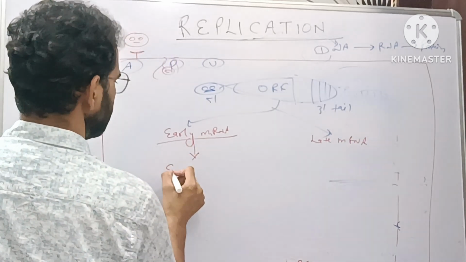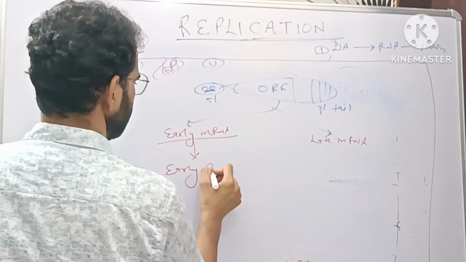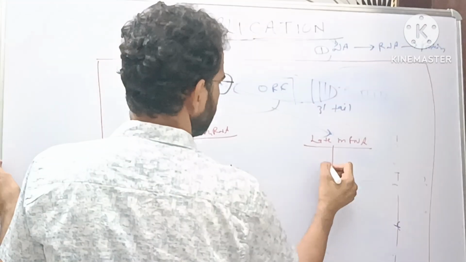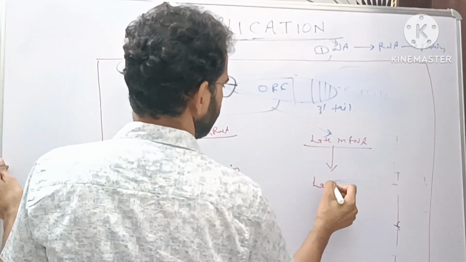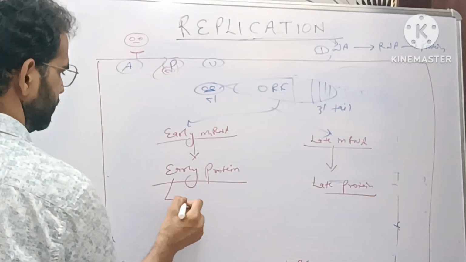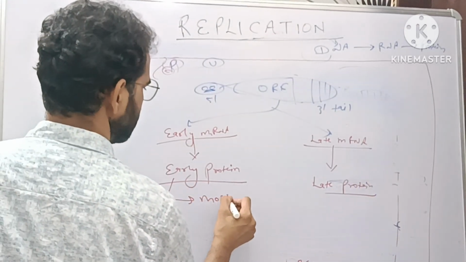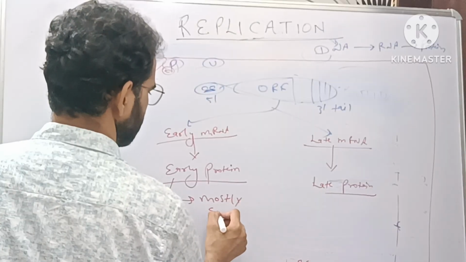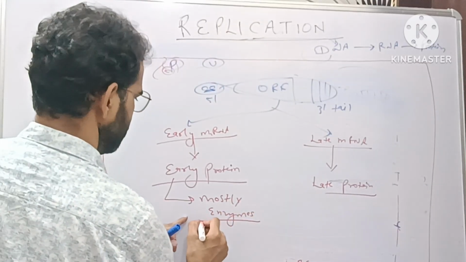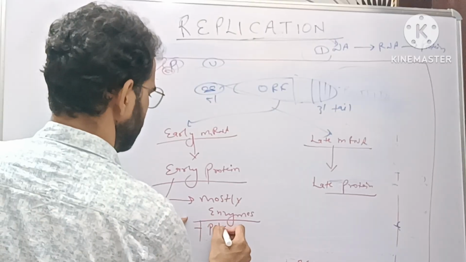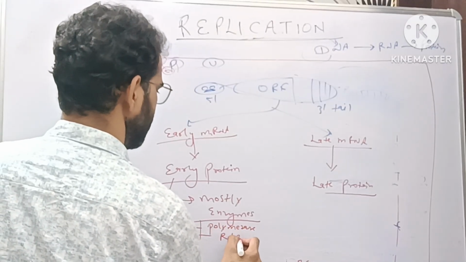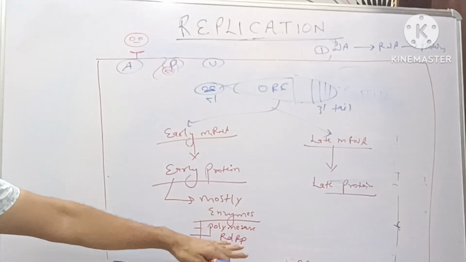From early mRNA, the proteins synthesized are known as early proteins, and from late mRNA, the late proteins. Early proteins are mostly functional proteins, mostly enzymes, for example polymerase enzymes, like RNA dependent RNA polymerase.